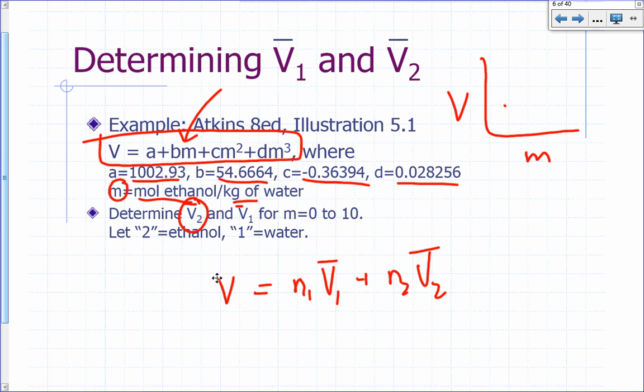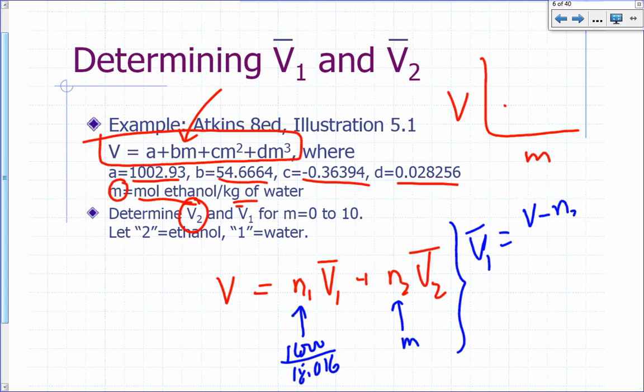Okay, but our N2 is molality. What is our N1? Our N1 is 1,000 grams divided by 18.016 grams per mole. Right? So that's our N1. And so we can solve for our V1 bar, which is just equal to V minus N2 V2 bar divided by N1. Okay, so that's our formula.